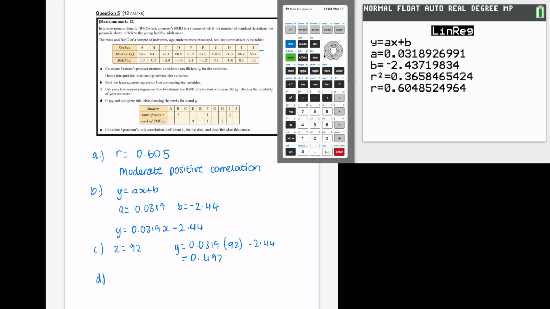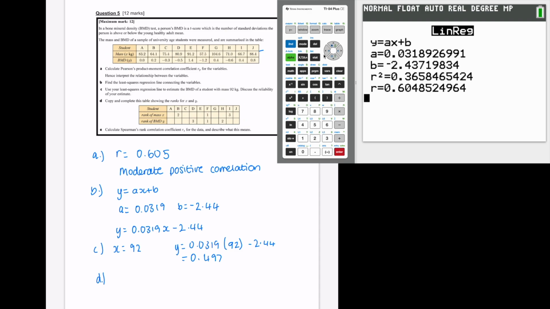For part D, you're copying and completing the table for your ranks. So it's up to you whether you start on the biggest or the smallest value. But on this one, they have given you the first one here, which is F is 1. So that suggests that they're starting on the smallest value, and then we work up.